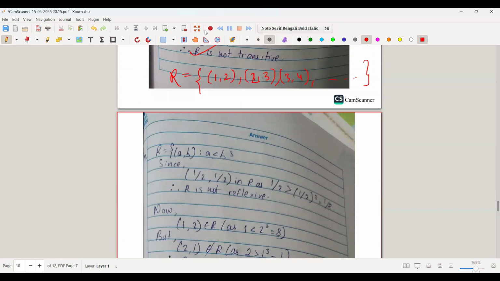R equals (A, B) such that A is less than or equal to B cube. Since (1/2, 1/2) is in R, and 1/2 is greater than (1/2) whole cube, which is 1/8, R is not reflexive.